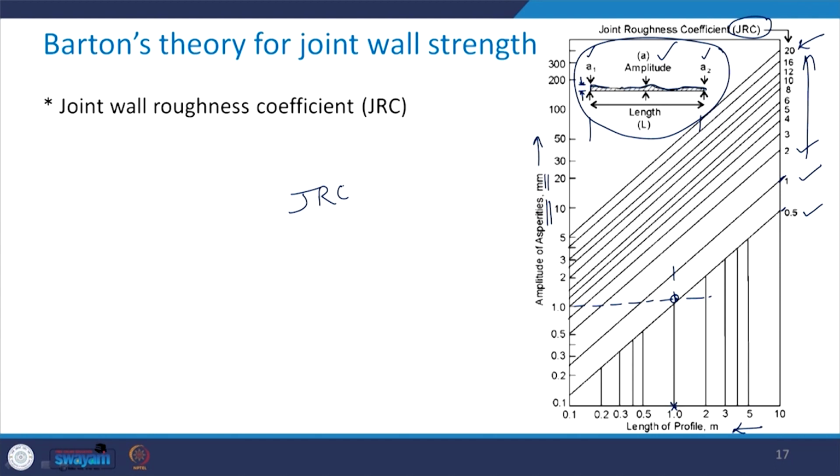Roughly, maybe it is coming out to be say 0.52 or so. This is how you can determine the value of JRC. Once you know JCS and JRC, substitute in that expression for the shear strength and you will be able to obtain the joint wall strength as per Barton's theory.